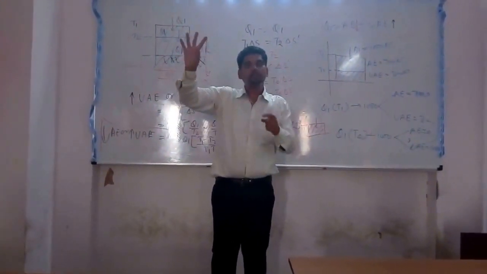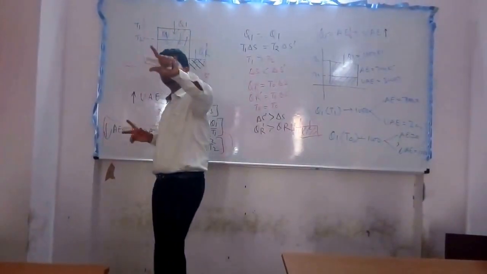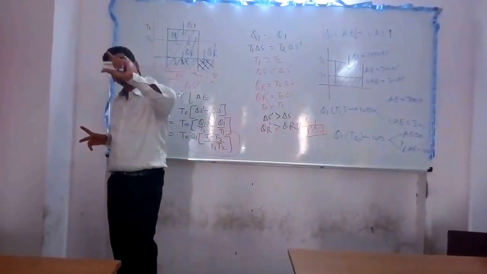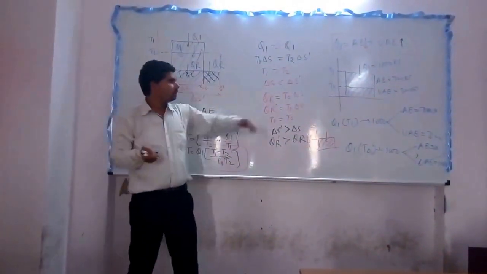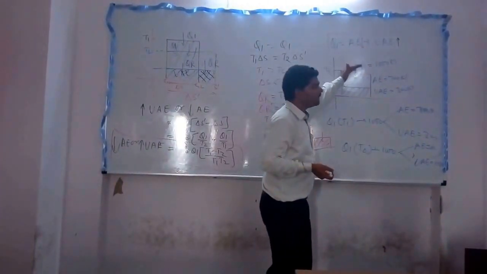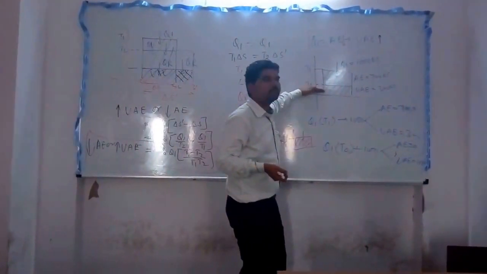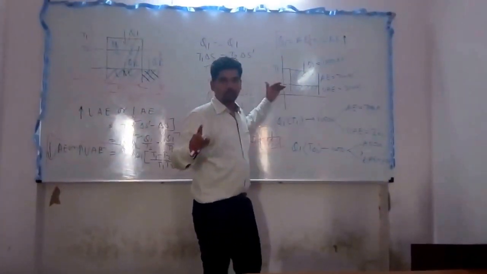This is the difference between the first and second laws. The first law is the quantitative law, and the second law is the qualitative law, because it tells you the significance at T1 and at T2. So first note it.